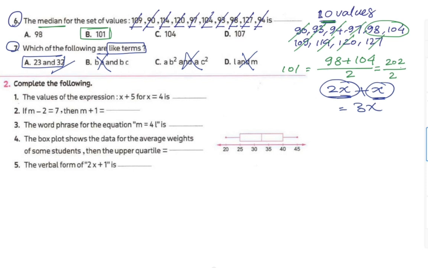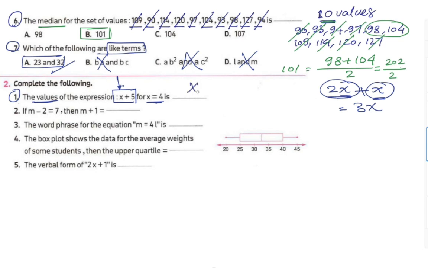Complete the following. The first one: the value of the expression x plus 5 for x equal 4. I need the value of the expression. I call x plus 5 an expression, and this expression has an unknown x, or variable. He said that x equals 4, so I need to find the value.